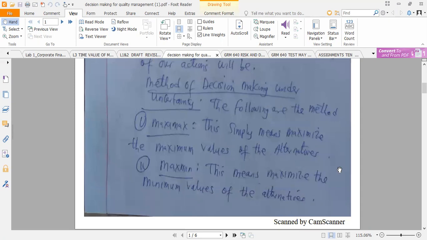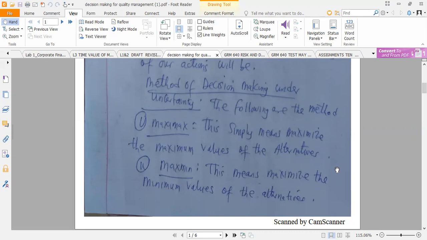But for this, I would want to give you the methods of decision making under the following. Number one, we will discuss the method of decision making using what is called a maximax. Under a maximax method, here we are simply picking the maximum values under the maximum alternatives.